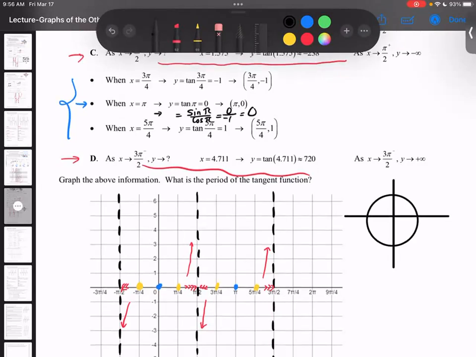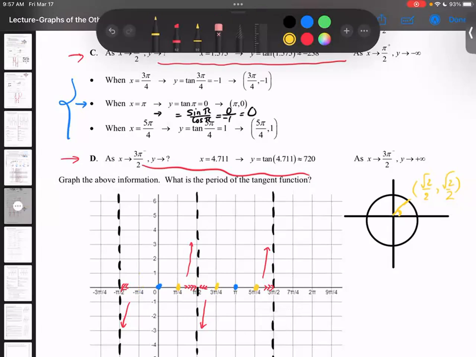Pi over 4 is this one right here. What are the x and y values at pi over 4? If you forgot, x is √2/2, y is also √2/2. Tangent is sine divided by cosine, but sine and cosine are the same. So √2/2 divided by √2/2 is 1. So tangent of pi over 4 is 1.